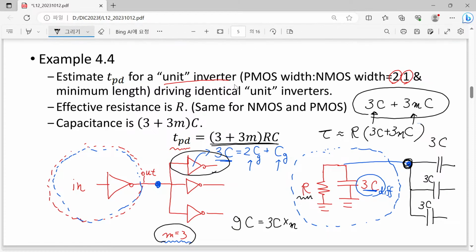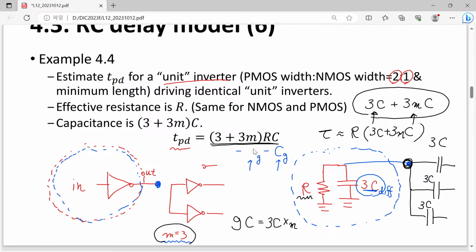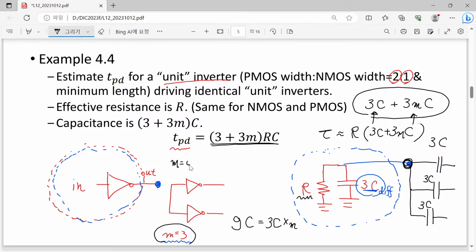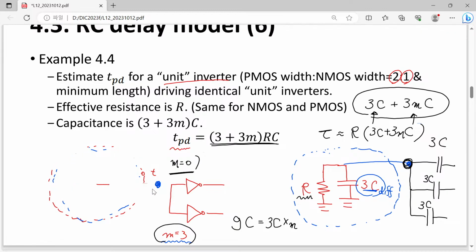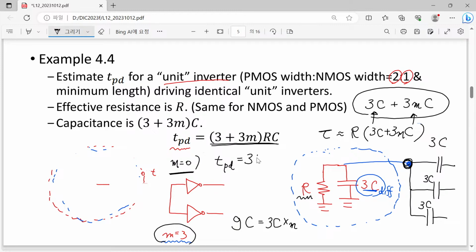So it means that even when we have M equal to 0 case, let's say M equal to 0, it means that there is no load attached to its output node. Even in this case, we have propagation delay, which is given by 3 times RC.